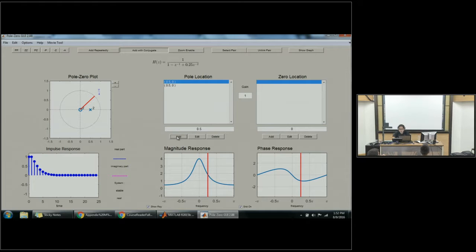DC signals have no frequency. Okay. And my zero is at 0 distance from the origin, so it has no effect on the pole, at least. It stops the other frequencies. So if the zero is in the origin, then there's no stop effect. There is, but it does not affect the pole. That's what I'm saying.